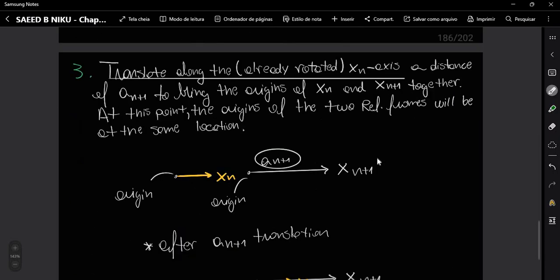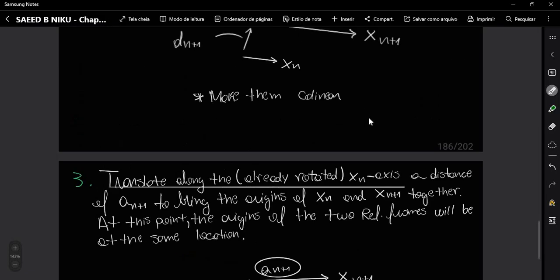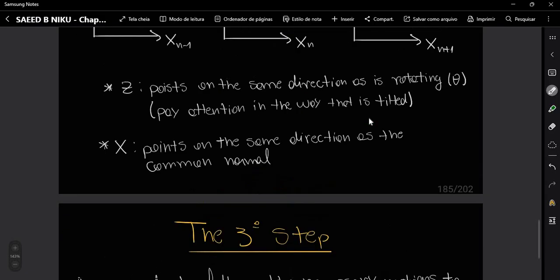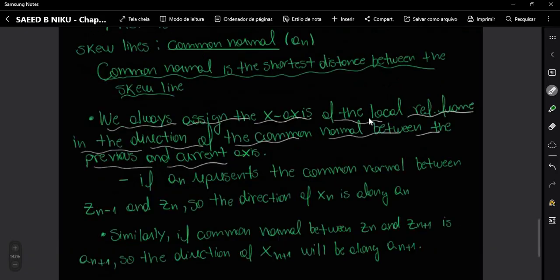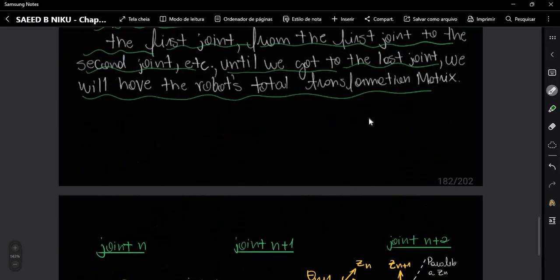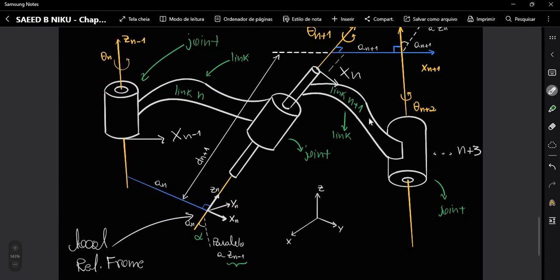And if we think of these motions backwards, we can apply this to a frame which is localized before, the local reference frame before this joint on the center. We can not only apply forwards, we can apply backwards.